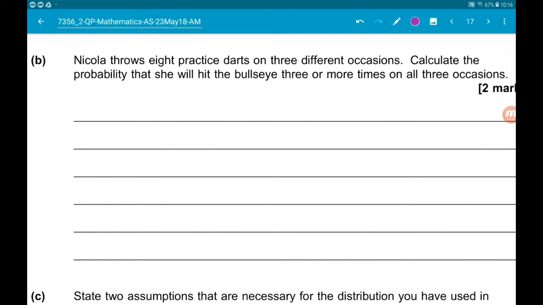So, it's just 0.448 cubed. Now, again, if we take that to 3 decimal places, we will get 0.090. Cool.